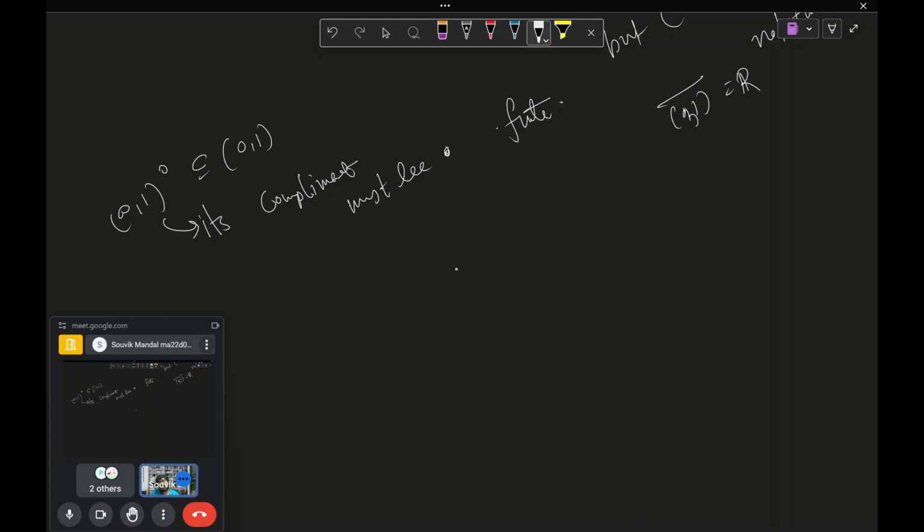So look, since the complement must be finite, this thing is a proper subset of (0,1).